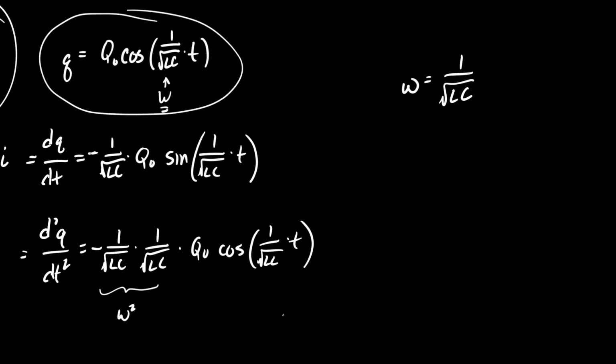You guys remember how to convert something from radians to not radians? Go from radians to oscillations. Standard frequency would be omega divided by 2 pi. So this would be 1 over 2 pi times the root of LC.